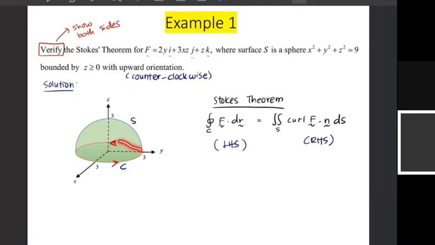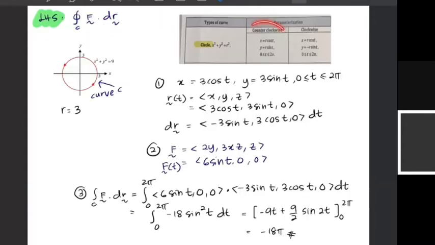This is our curve, C. So for the line integral, we just consider this curve only. We choose counterclockwise, positive orientation. X equals r cos t, where r equals 3, so 3 cos t, and so on. Then substitute, and we get negative 18 pi.